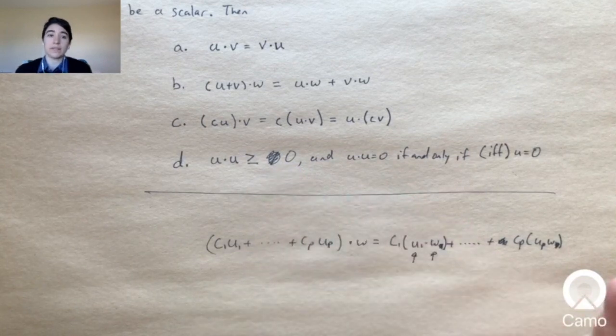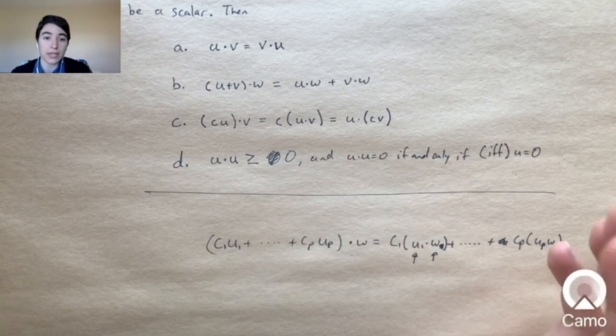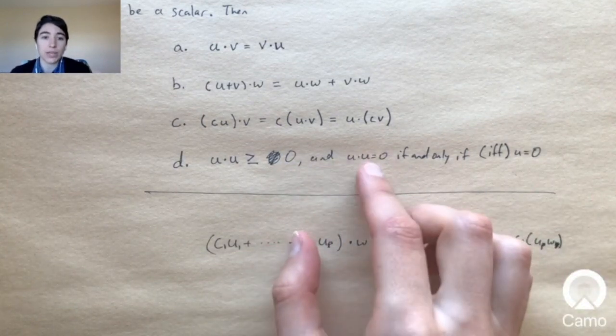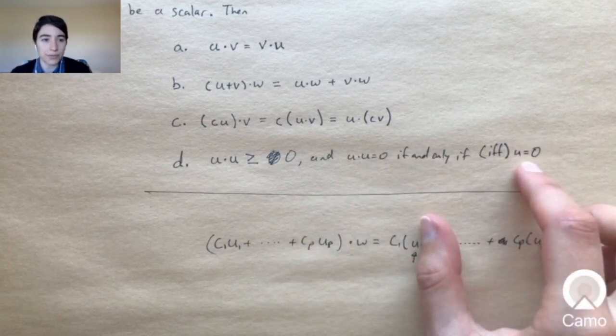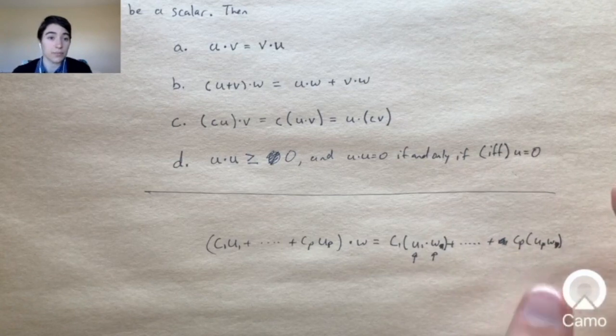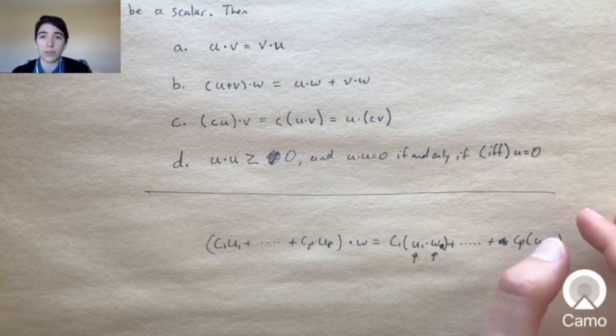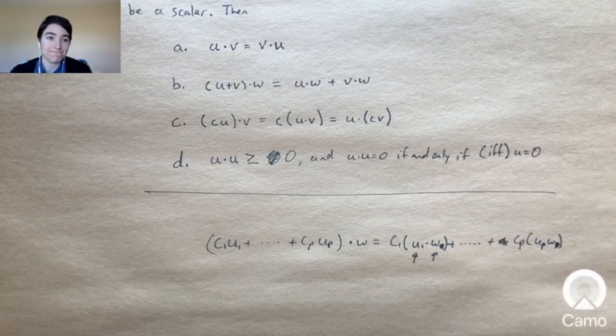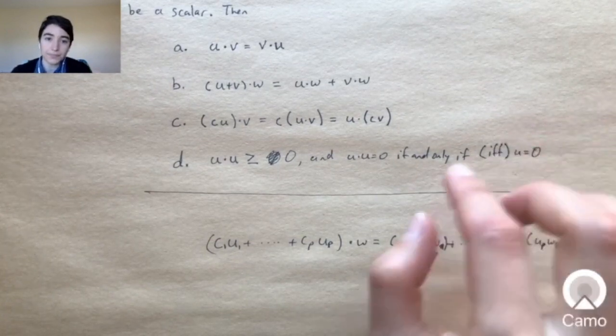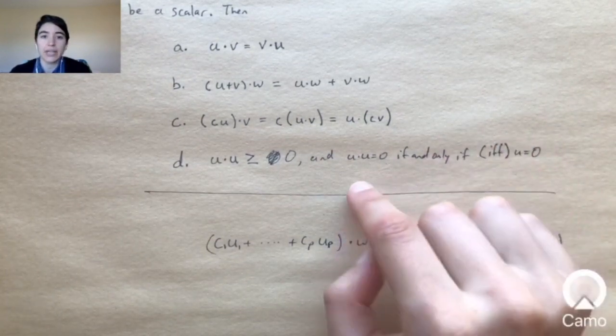You could never get a negative number. And the only way you can get 0 is if u is 0 in the first place. So if you multiply 0 by 0, you get 0. If you multiply any number larger than 0, you're going to get a non-zero number. There you go.